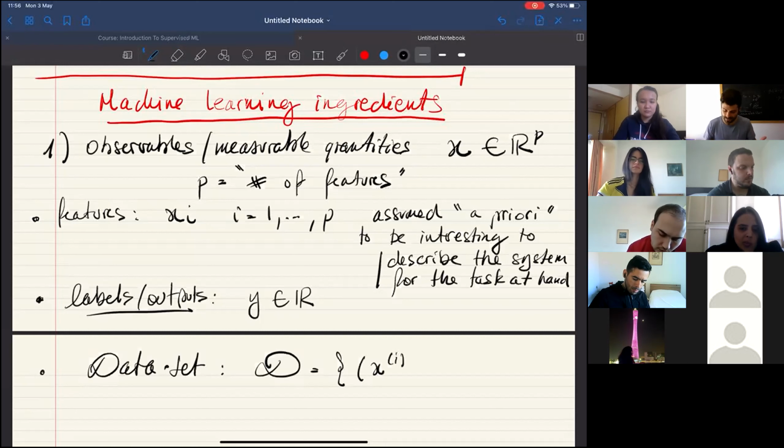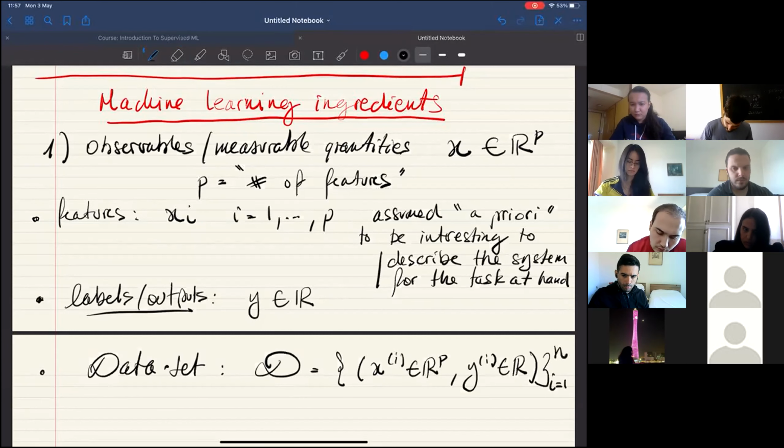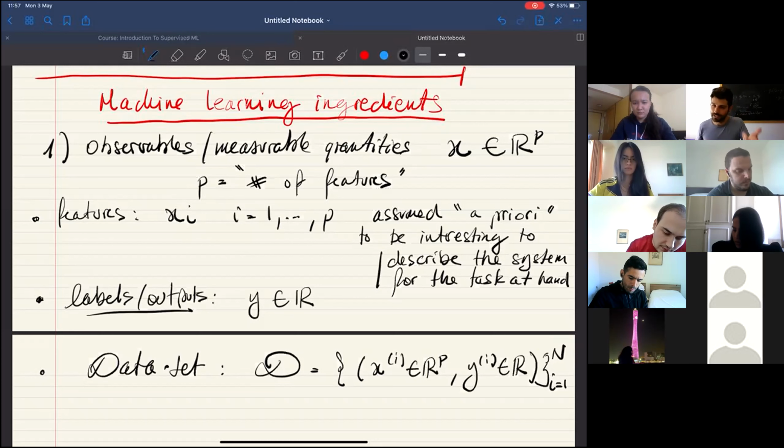So the data set is a set of pairs where the input is a p-dimensional vector and the associated output or label is a real or discrete number, and i goes from 1 to n, or maybe I will call it capital N. So this capital N is the number of data points, and each data point is what? It is a pair of input and output.